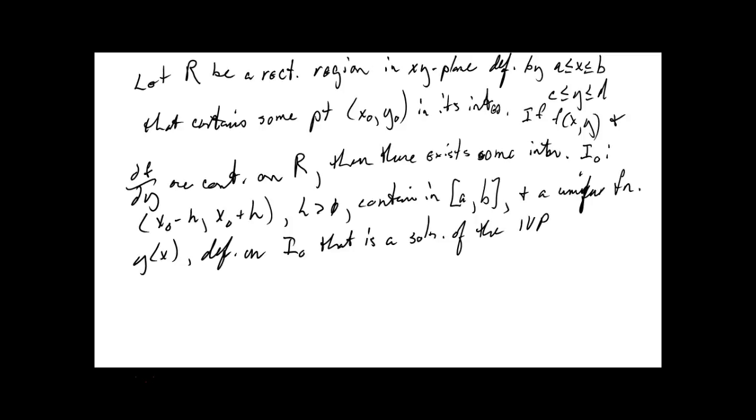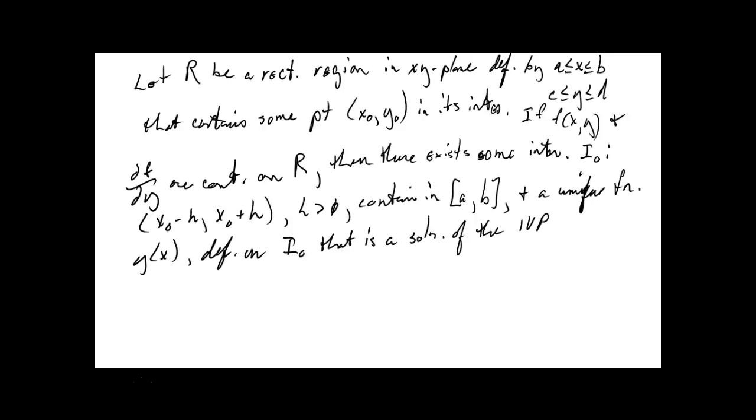If there is some function f(x, y) and the partial of f with respect to y that are continuous on R, then there exists some interval I0 between x0 minus h and x0 plus h and a unique function y of x defined on I0 that is a solution.